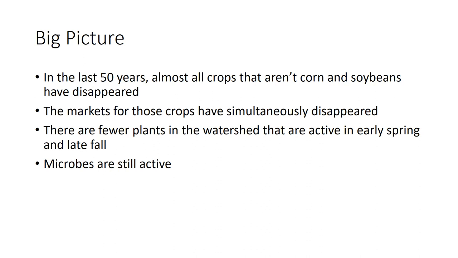But the soils are warm enough that the microbes are still active, which means they're converting ammonium into nitrate. And as it's converted into nitrate, it's able to be leached out of the system. So the end result is a very leaky system.